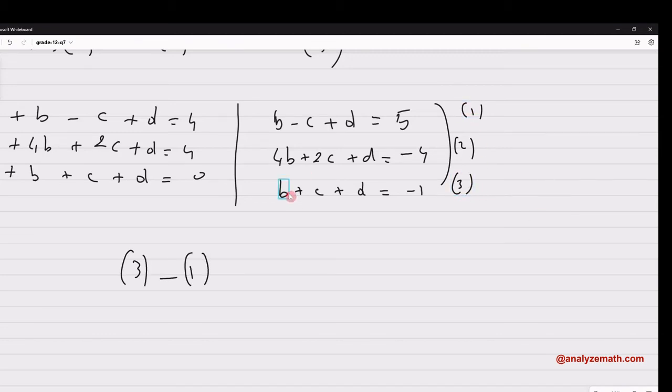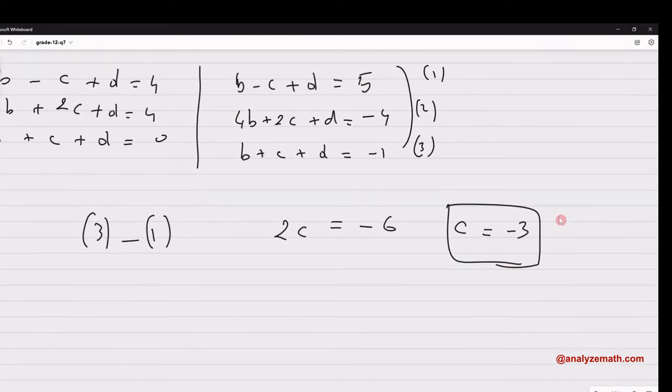So 3 minus 1, b minus b 0, c minus c 2c, d minus d 0, minus 1 minus 5, that gives me minus 6. And then this gives me c equal negative 3. So we know we have one unknown.